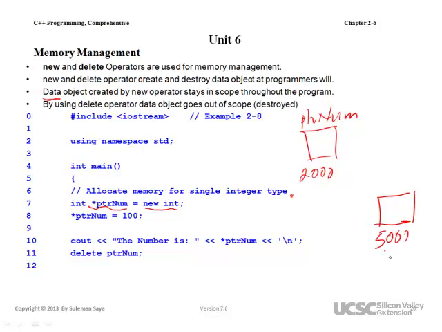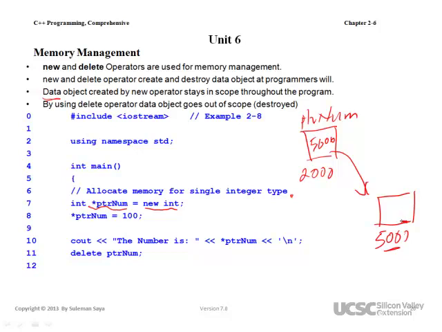So pick this address, 5000, and assign it to the pointer variable. Now, as you can see, this pointer variable is pointing to the integer memory.